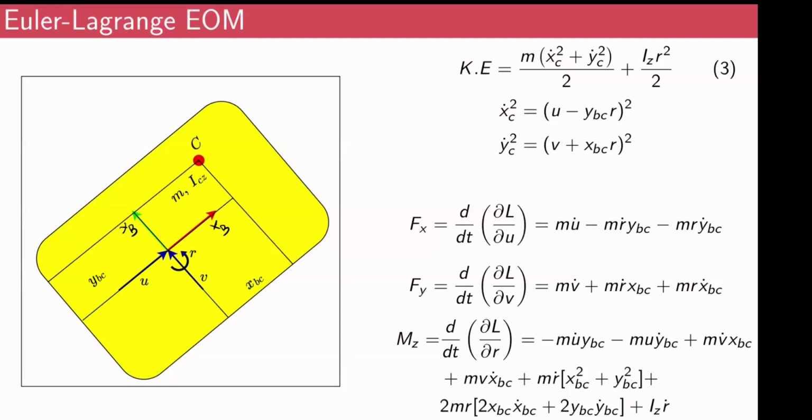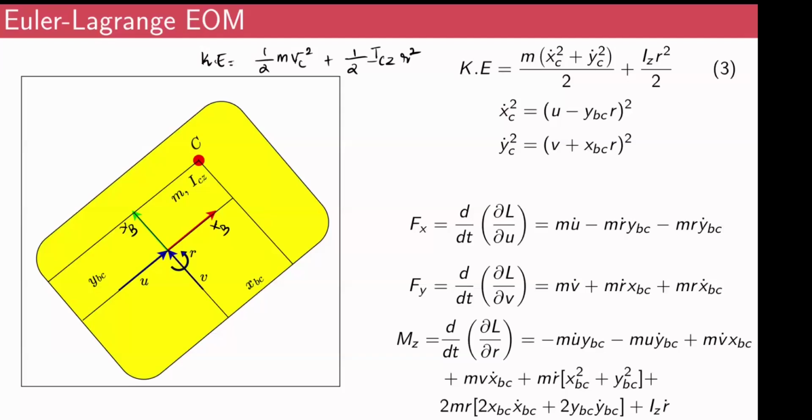So then, how do you define the kinetic energy of this system? The kinetic energy of this mass is half m Vc square, because of that linear velocity component, plus half ICZ r square. This is the total kinetic energy of the wheeled mobile robot.